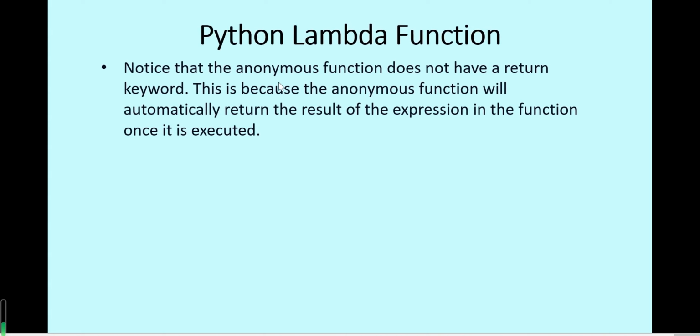But notice that the anonymous function does not have a return keyword. So this is the difference between a Lambda function and a function using the def keyword with a function name. Lambda function has no return keyword. This is because the anonymous function will automatically return the result of the expression once it is executed.